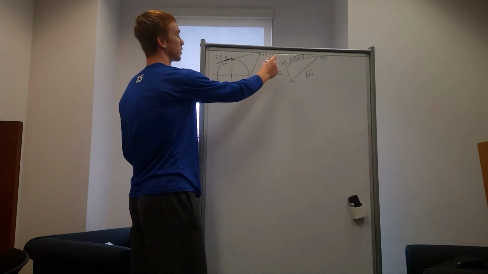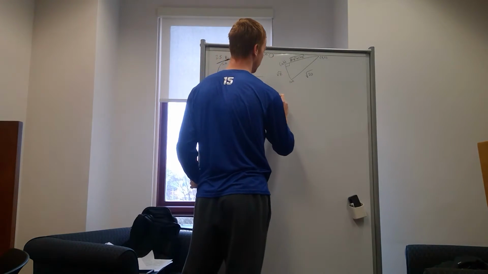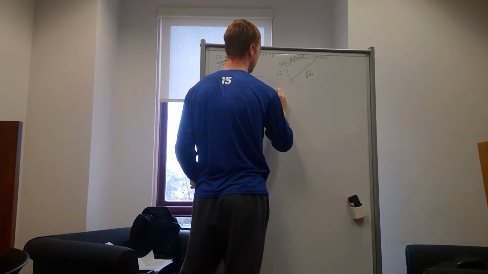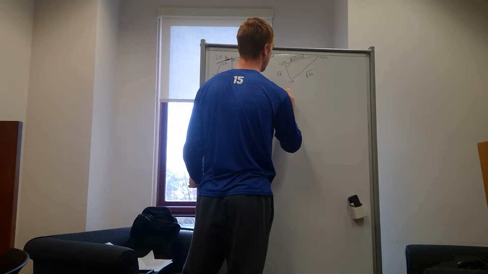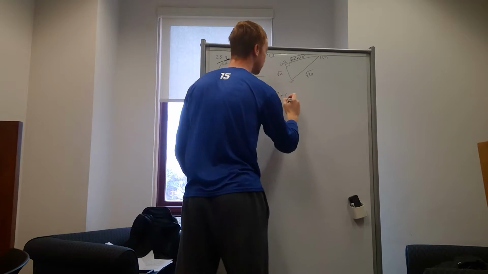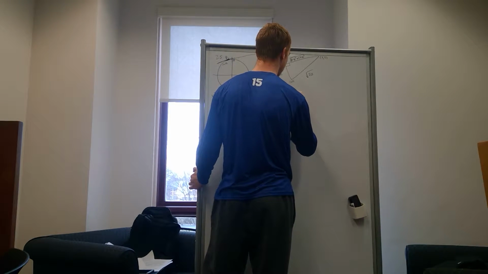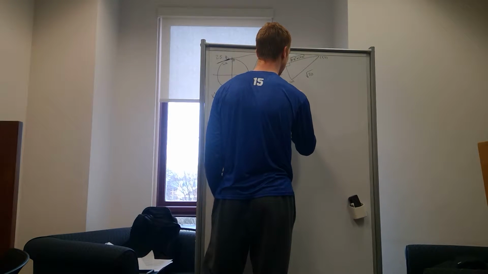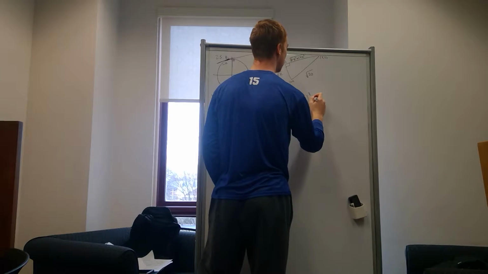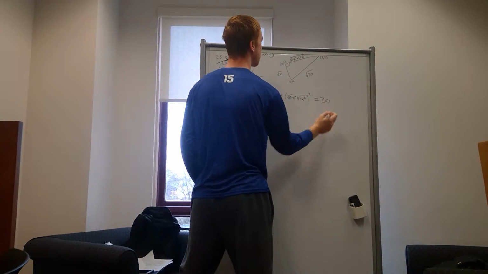So we're going to use the Pythagorean theorem here to have square root of 2 squared plus the square root of 2 minus b squared plus 4 minus a squared, and that's all squared, and that equals the square root of 20 squared, which is 20.